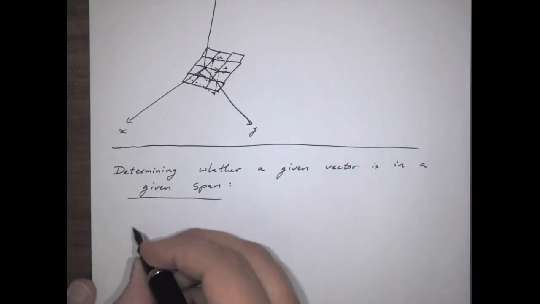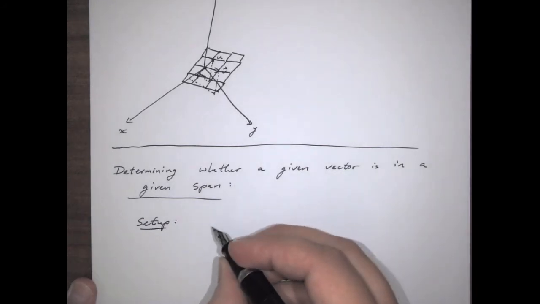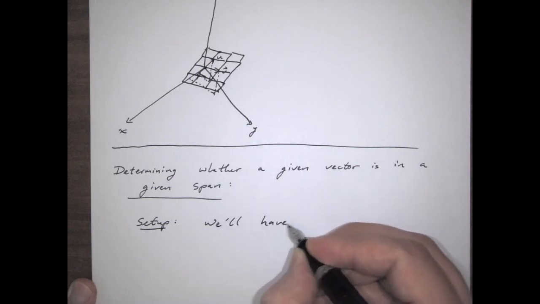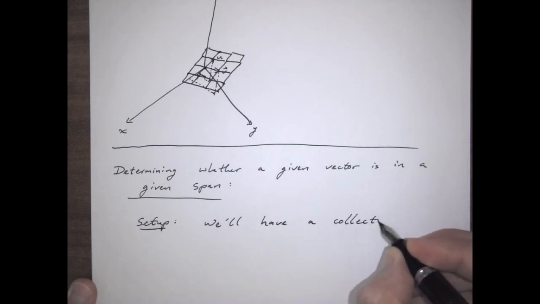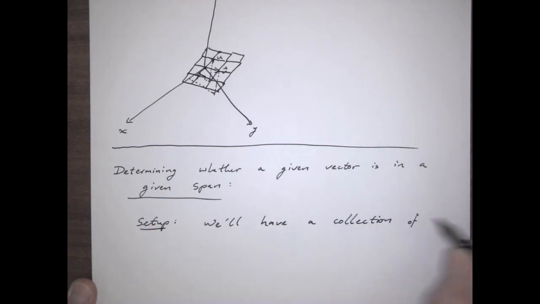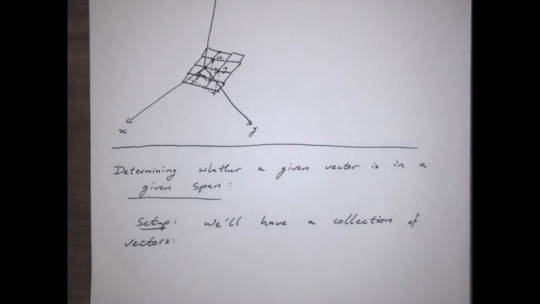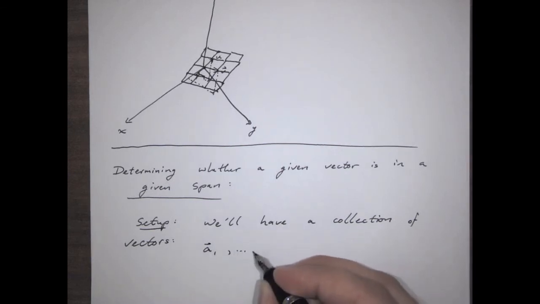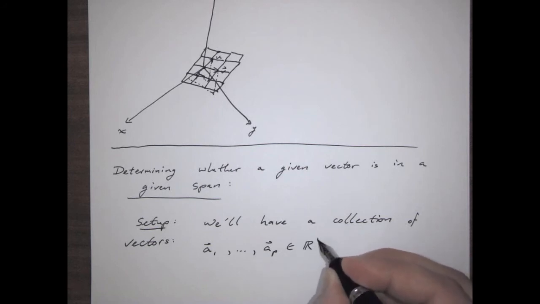Alright, so here's the setup. So we'll have a collection of vectors and we can call them A1, A2, etc. up to AP, and they'll all be in some Rn.